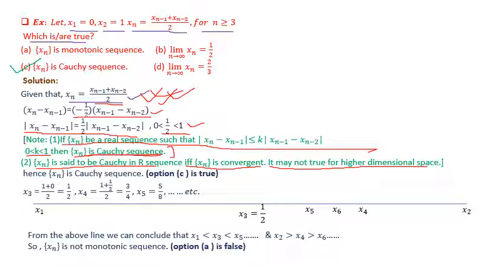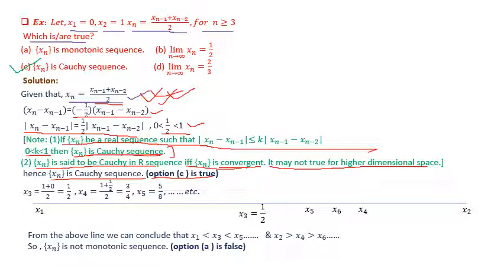It is true only for R. So since this is a Cauchy sequence, the sequence will be convergent, and if you take the limit of xn as n tends to infinity, you will get a finite limit. Hence xn is a Cauchy sequence, and therefore option C is true.